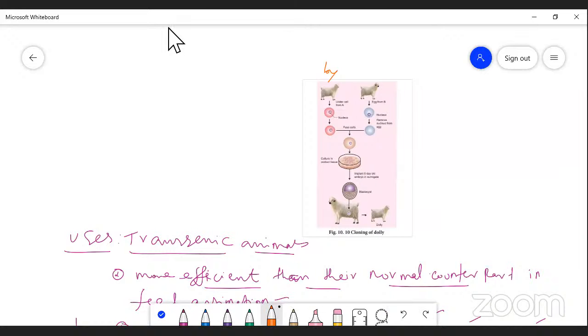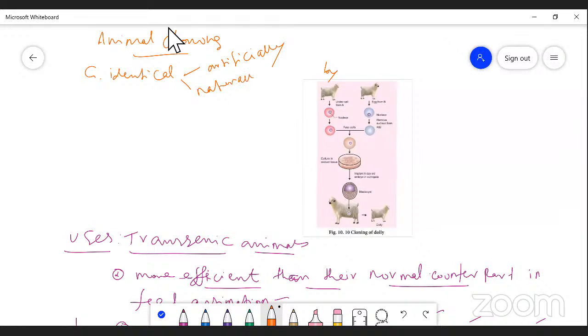Genetically identical organisms are produced by an artificial method, and also naturally.